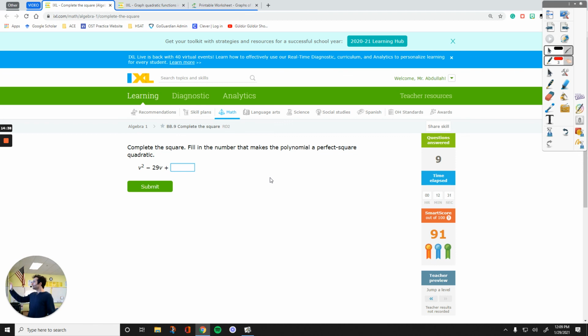So, step 1, divide the number in the middle by 2, and then square that. Basically you're going to do 29 squared over 2 squared. The denominator of this fraction is 4. Let's figure out the numerator. 29 times 29 is whatever it is.